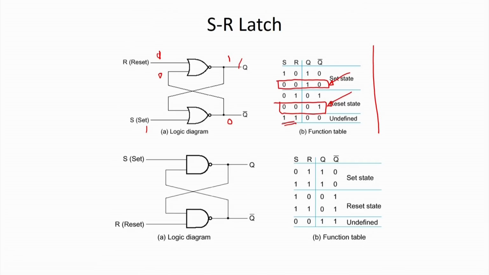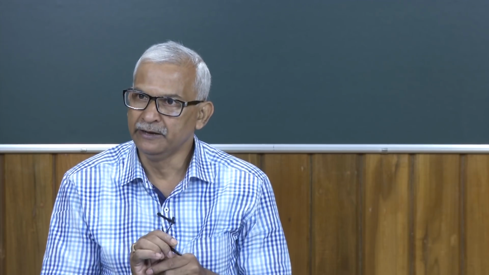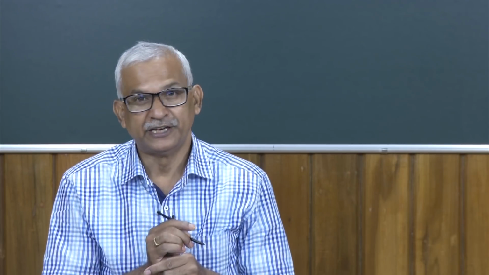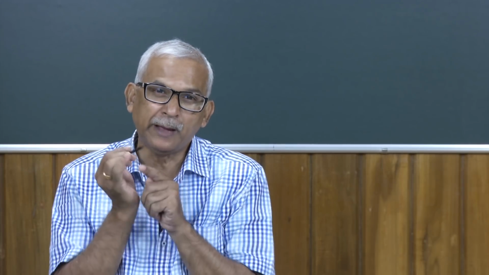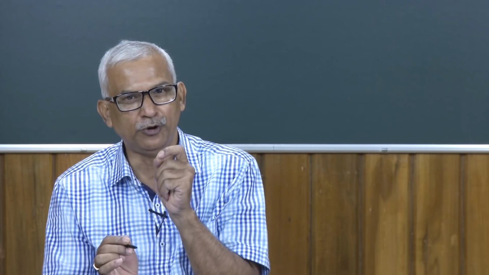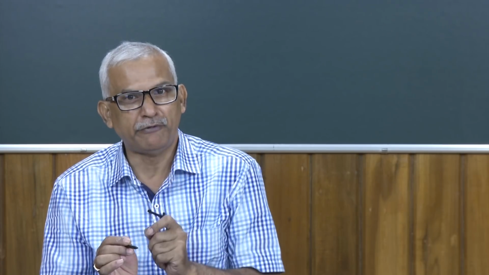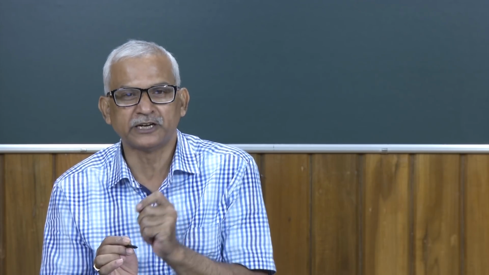So, what are we going to get? This is the problem, and we call it the race condition. Why do we say race condition? We are using 2 NOR gates over here, and every gate has some propagation delay, but it is not possible to fabricate 2 gates with the same propagation delay. There will be a fraction of difference, one will be slightly faster than the other.